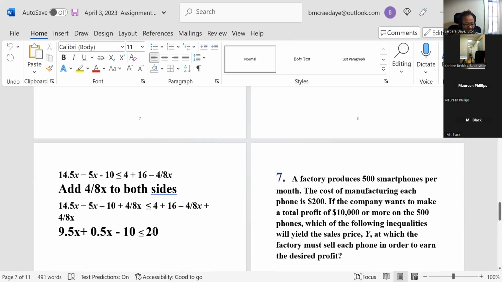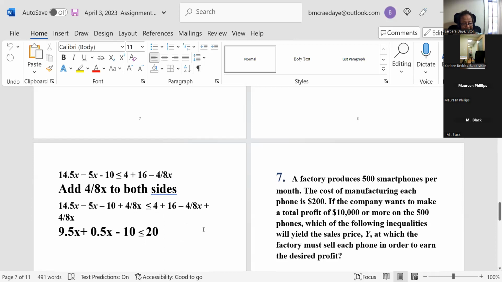Because the minus 4/8x and the plus 4/8x gives 0. Minus 10 I already had, and we added the 4/8x to both sides, but that's 1/2 x, the same as 0.5x, right?